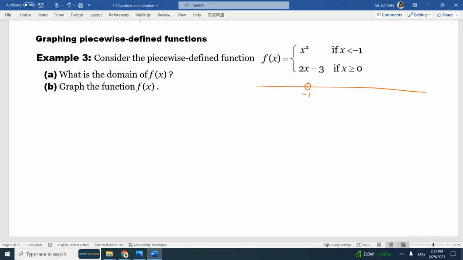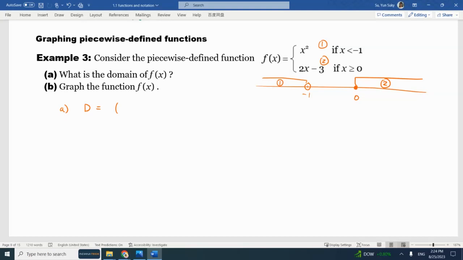X less than -1 is this part, and we use the first formula. And 0 is here. If x is greater than or equal to 0, we use the second formula. This is the real number line.